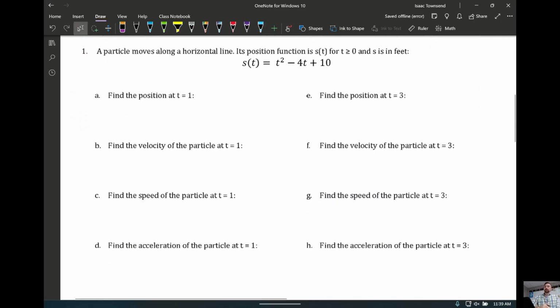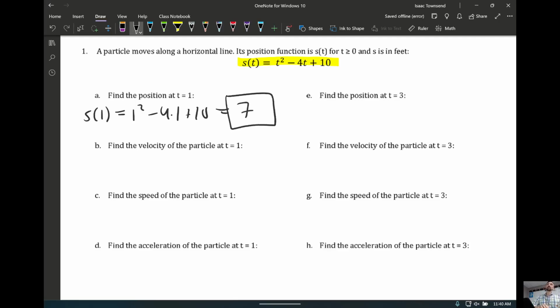Okay, so just to work out a couple of real basic examples here, I've got a position function, t squared minus 4t plus 10, that's supposed to give me the position at any given time. So if I want to know the position at, let's just pretend this is 1 second, then I would plug 1 into the position equation, do the arithmetic there, and I know he is at 7.